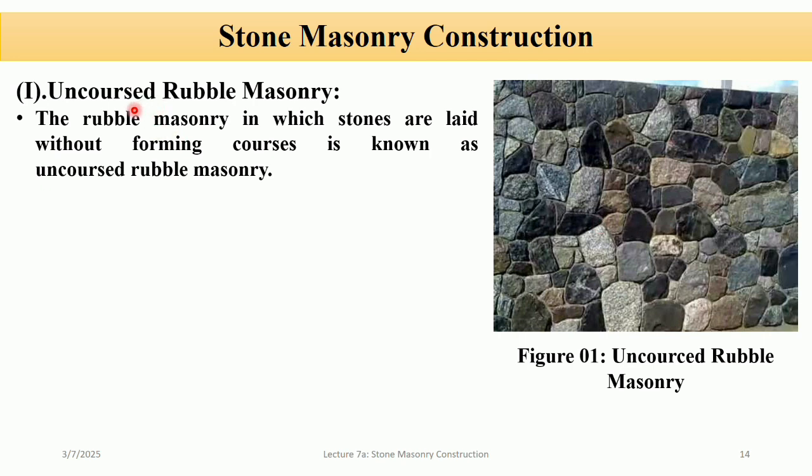We use uncoursed rubble masonry in low-cost rural and boundary walls due to its economical and strong nature, and it is suitable where irregular stones are available, reducing the need for extensive dressing. It provides a rustic and natural appearance, often used in historical and traditional structures.